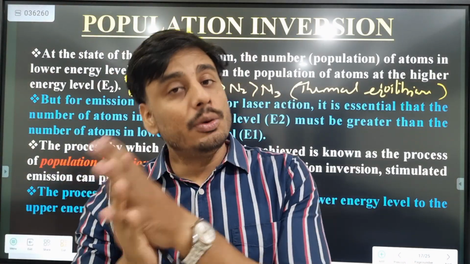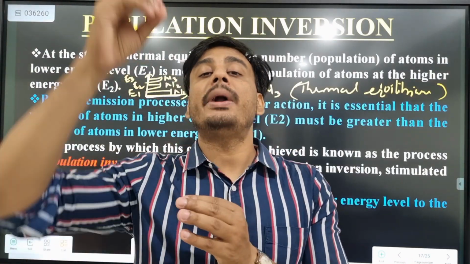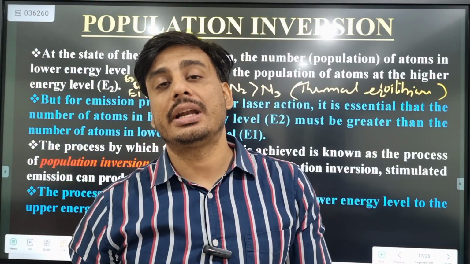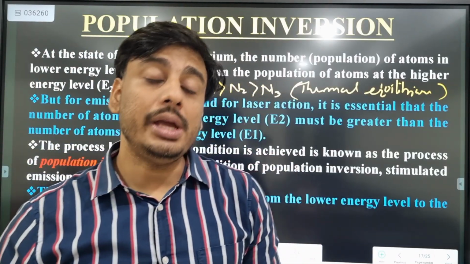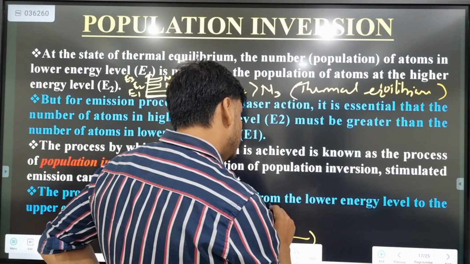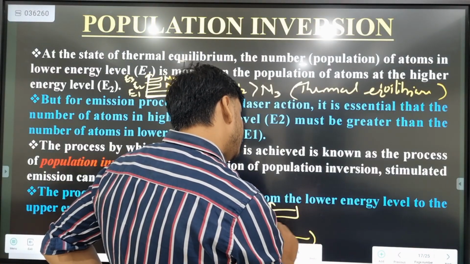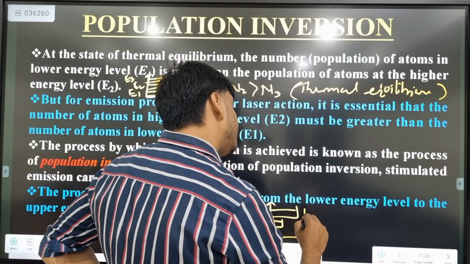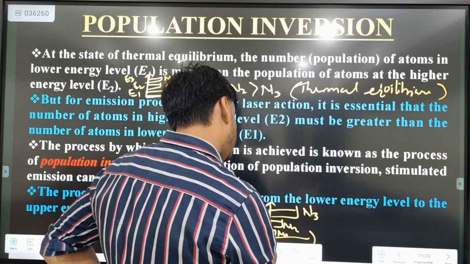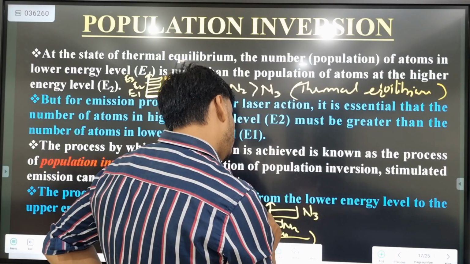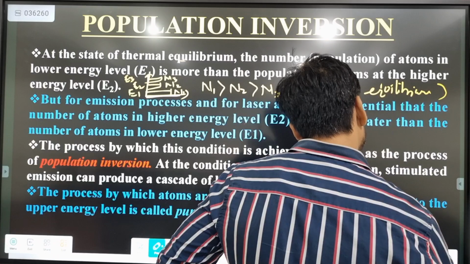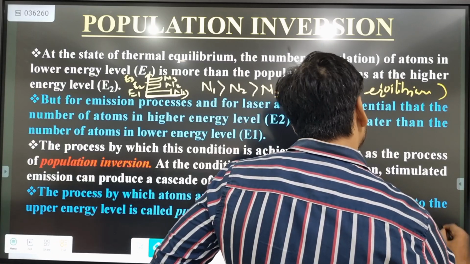So the state in which we get more particles in the higher energy state as compared to the lower energy state is said to be population inversion. So in population inversion, we get more particles in the higher energy state, that is N3, N2, N1 corresponding to energies E1, E2, E3, and here N3 is greater than N2 greater than N1.